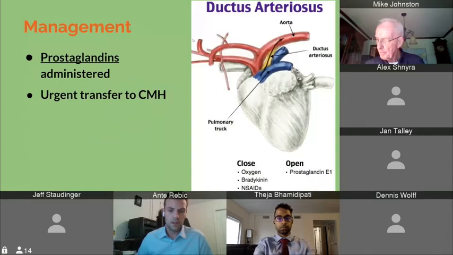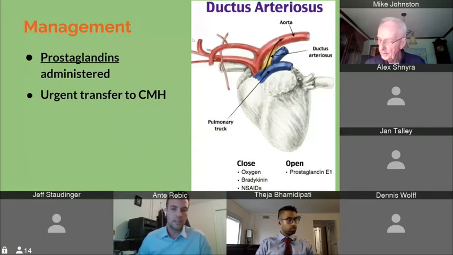Usually after 24 hours of birth, the ductus arteriosus will close, and only a remnant will remain throughout adulthood. But in our patient, if that were to happen, because this ductus was providing blood distal to the occlusion, we needed to keep it open.